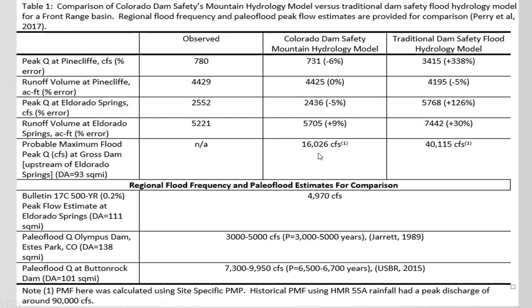So again, our proof of concept model PMF peak flow is about 3 to 5 times that paleo flood estimate at Olympus Dam.